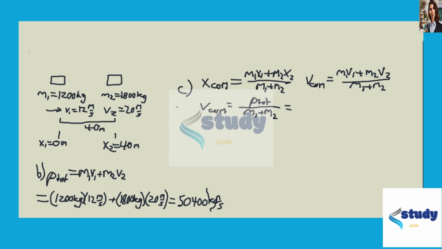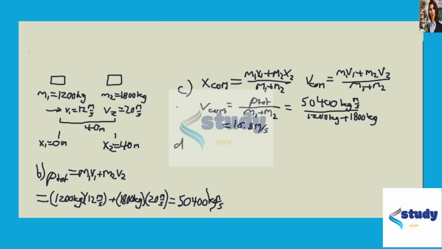And then we can just plug that straight in. 50,400 kilogram meters per second divided by 1,200 kilograms plus 1,800 kilograms, which then is equal to 16.8 meters per second.